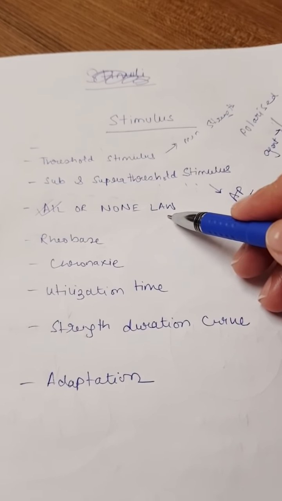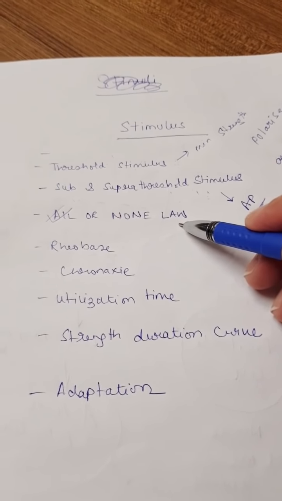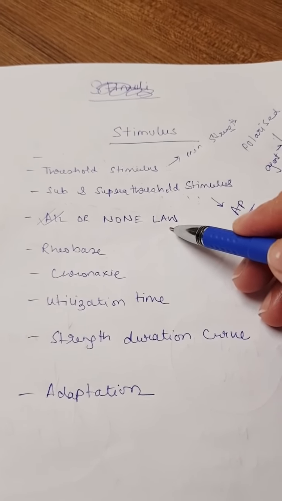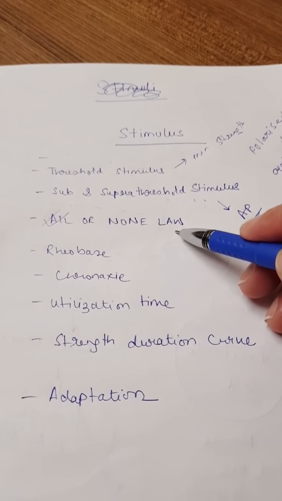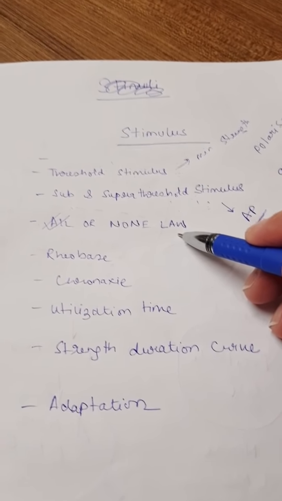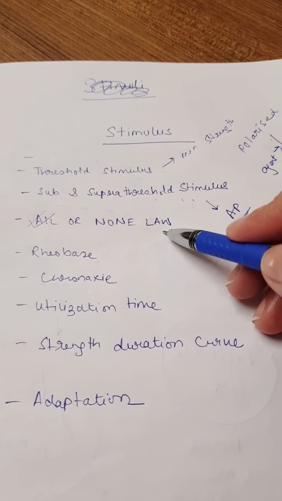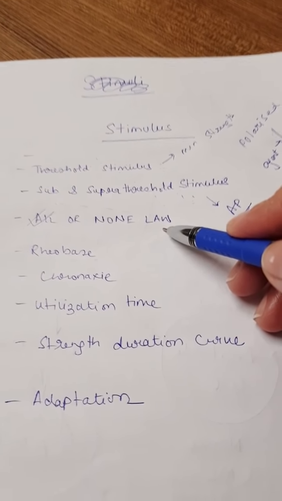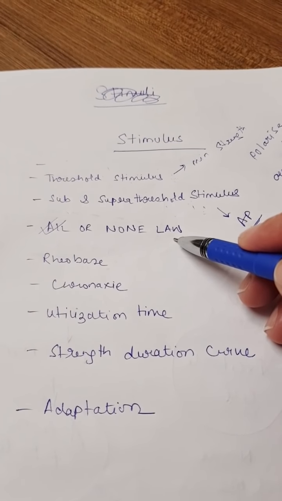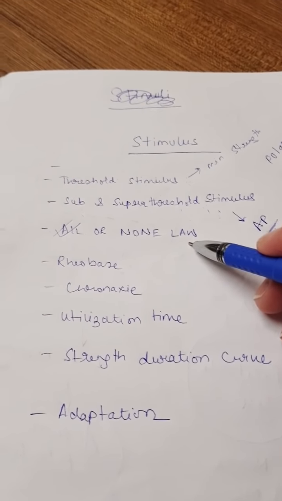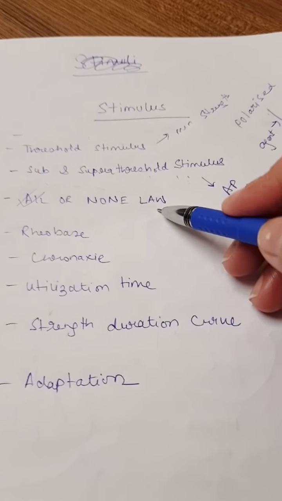Repeating it, action potential fails to occur if the stimulus is of sub-threshold intensity and it occurs with constant amplitude and form regardless of the strength of the stimulus if the stimulus is at or above threshold. Okay?